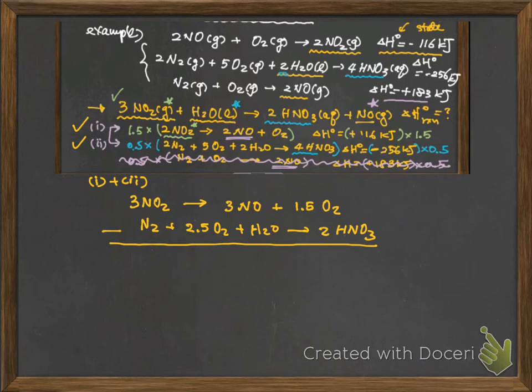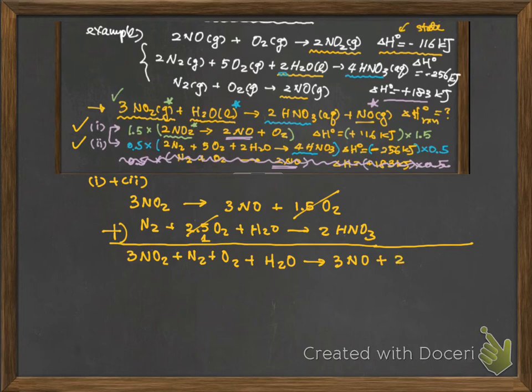If I add them together, I will end up getting 3NO2 and N2, and this one goes away, and you end up having just 1 O2, and then H2O becomes 3NO plus 2 times HNO3.